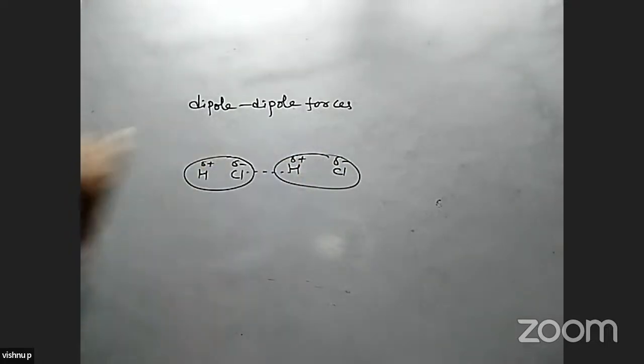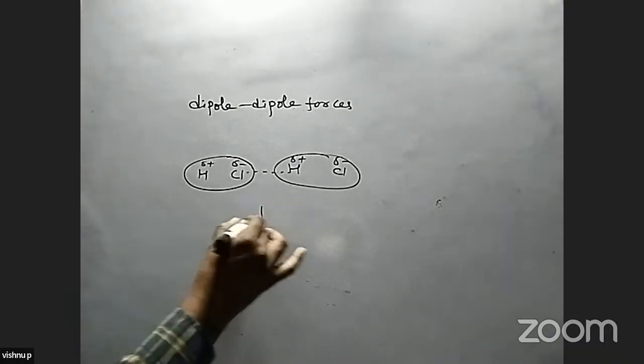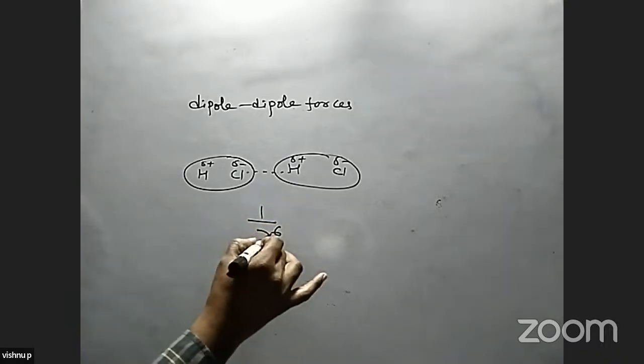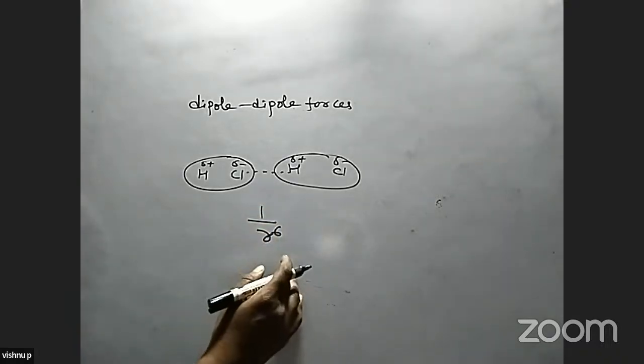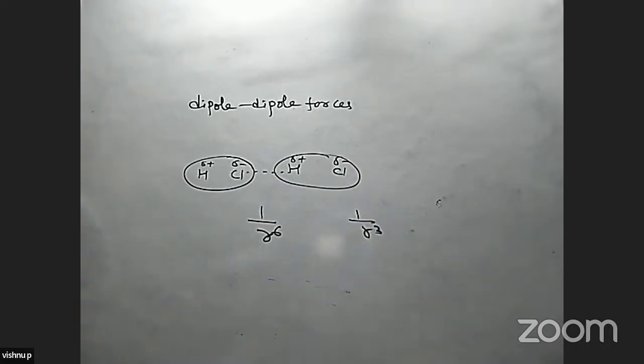Between this partial negative chlorine and partial positive hydrogen, these are called a dipole. Two poles, two charges, are present between negative chlorine and positive hydrogen. The attractive forces are called dipole forces, and they operate at a distance of 1 by r to the power of 6 when molecules are rotating, and 1 by r to the power of 3 when molecules are stationary.